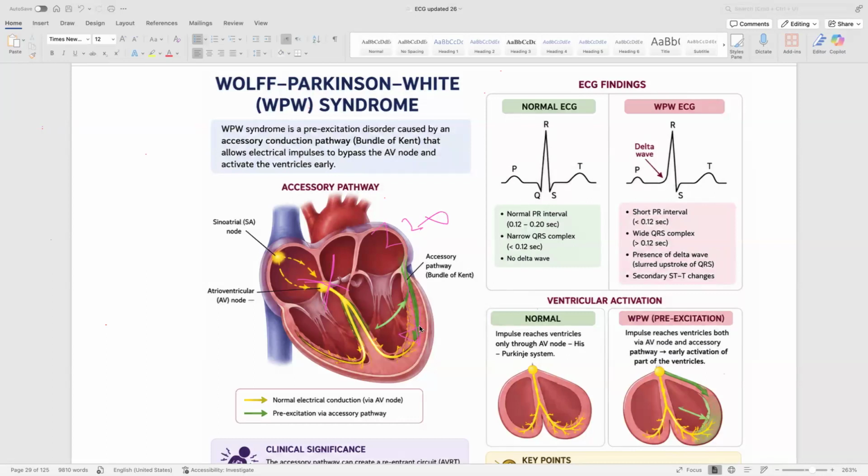To the ventricle. That is why in WPW syndrome, we need to rule out atrial fibrillation before giving the patient adenosine or any AV blocker.